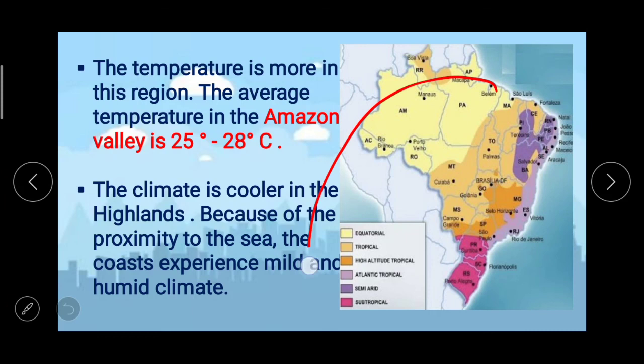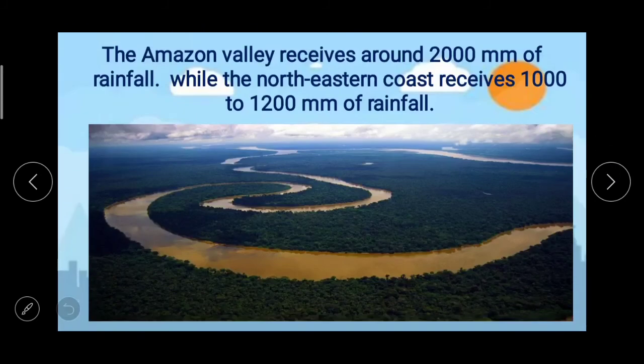Here again you can observe this figure: equatorial, tropical, high altitude tropical, Atlantic tropical, semi-arid and subtropical. The Amazon Valley receives around 2000 millimeter of rainfall, while the northeastern coast receives 1000 to 1200 millimeter of rainfall.